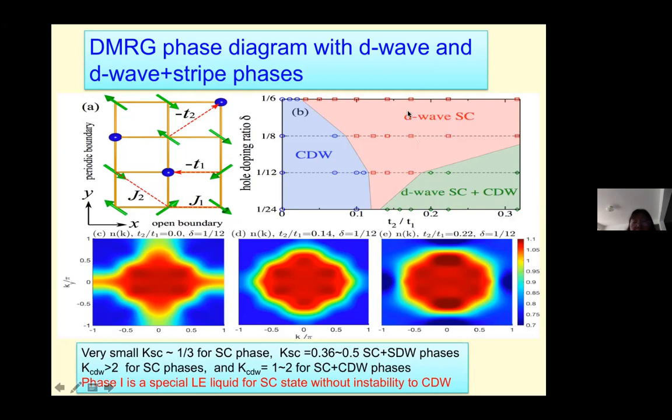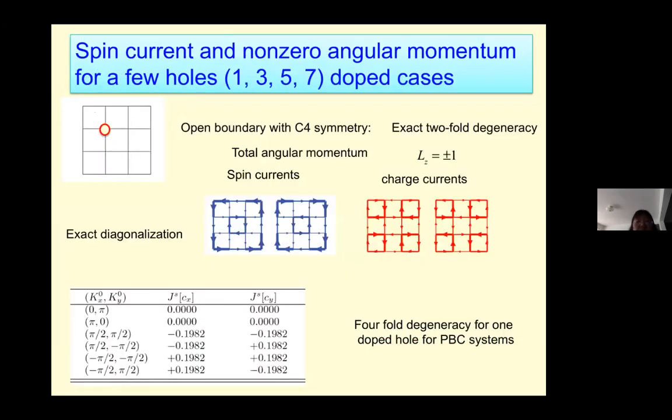It's interesting to see that the d-wave superconducting phase expands with the increasing of doping level. Then we can have a transition either from CDW to d-wave or from the coexisting phase to the pure d-wave phase.